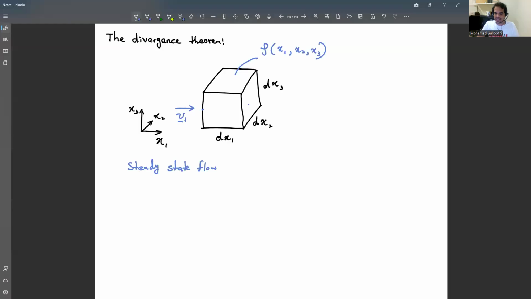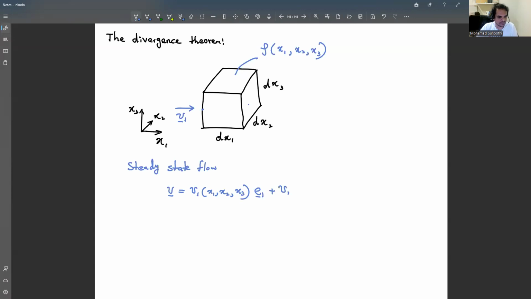So here I have taken steady state flow, and let me take the velocity vector. It will be V1, a function of x1, x2, x3, times e1.